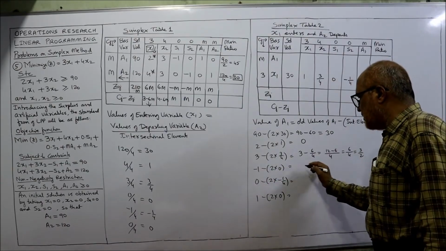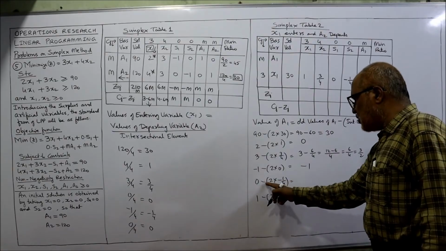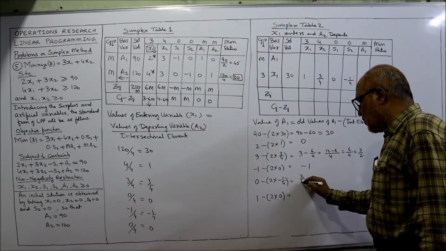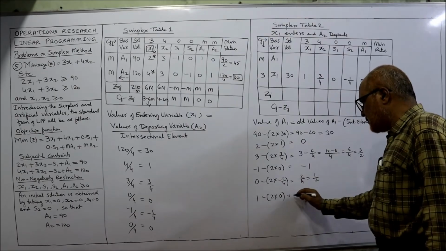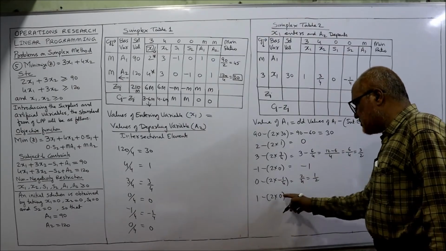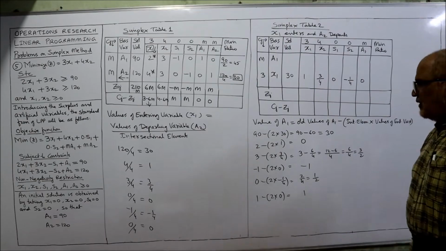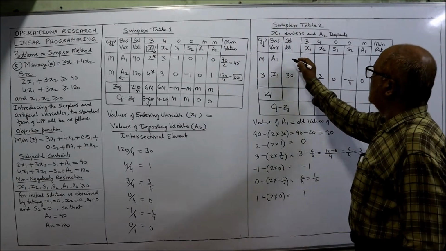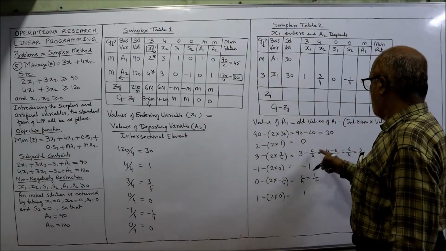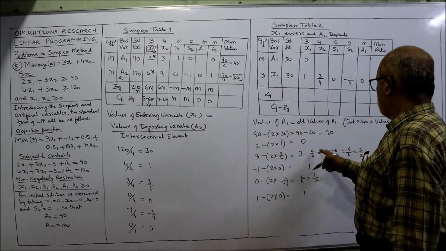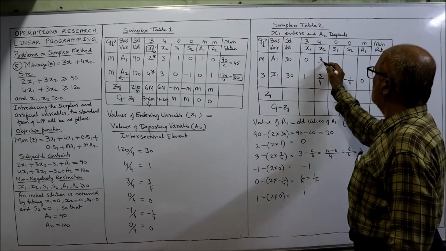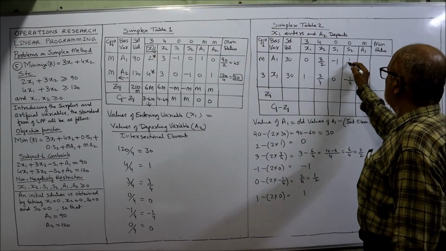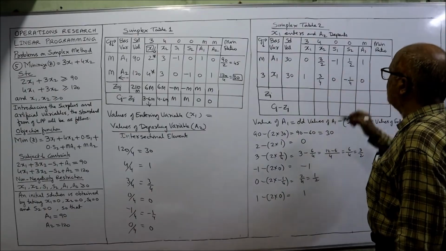Here minus 1 minus 0 is minus 1. 0 minus, minus into minus becomes plus, 2 by 4 or 1 by 2. Then here it is 1 minus 0 is 1. We got all the values of A1. A1 values are 30, then 0, then 3 by 2, then minus 1, 1 by 2 and lastly 1.